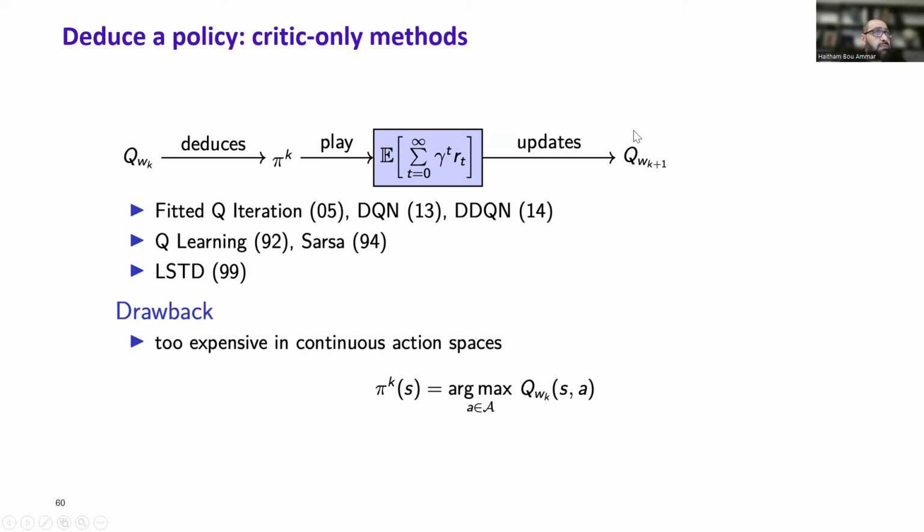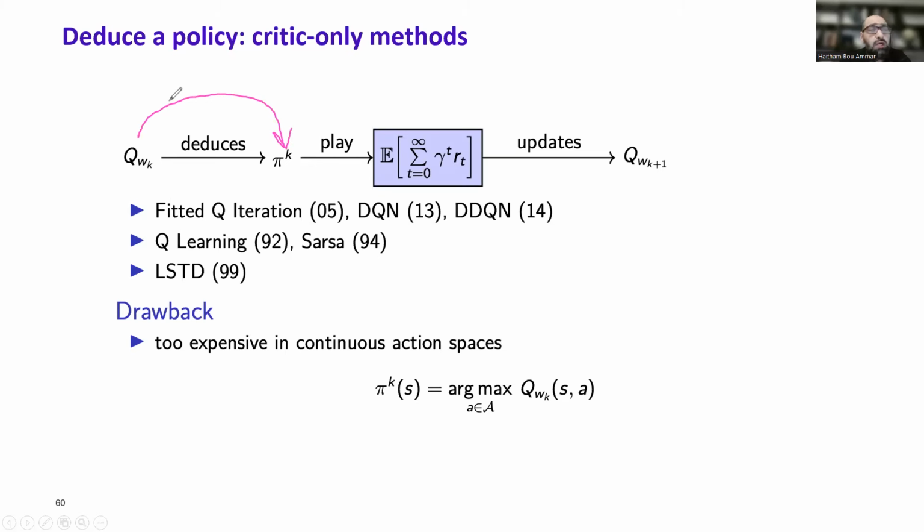The drawback of these methods is that if you have continuous action spaces, so if you cannot list all your possible actions, then it could be expensive to figure out the policy from your Q function, because now you need to solve a maximization problem with respect to the actions in order to find what action you should take at a state s, right? Let's be clear about this. From the Q, we're going to deduce the policy.